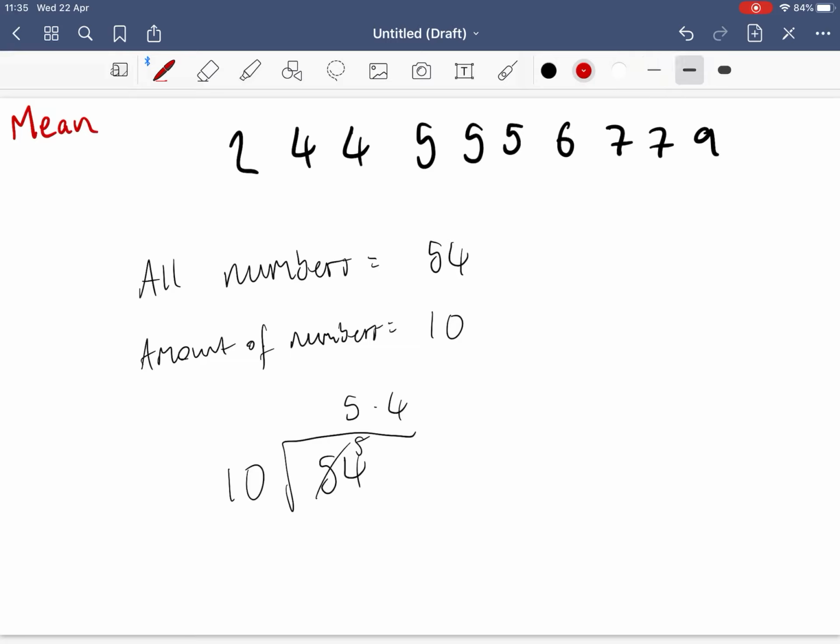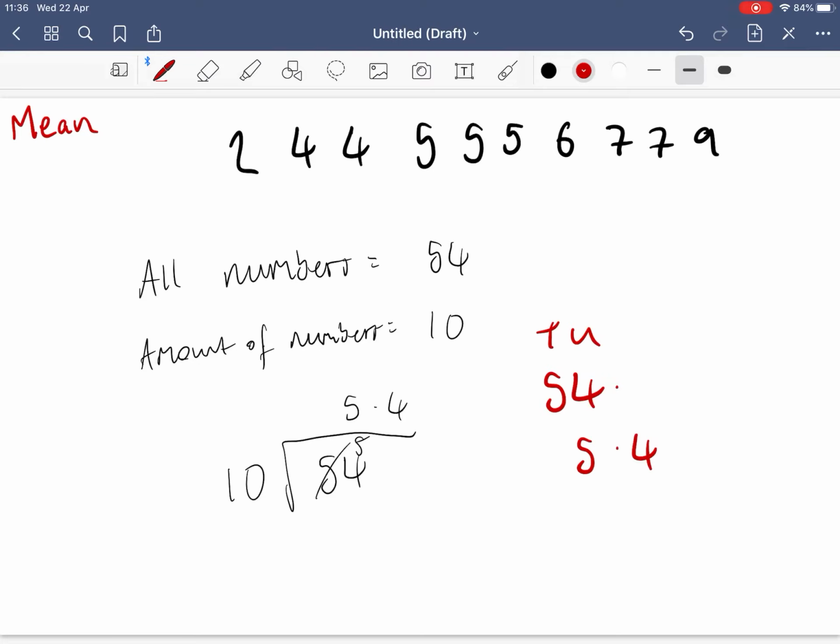All you had to do there was move the place value. When we're dividing by 10, what we need to do with the numbers is move them one place to the right. So that's our tens, that's our units, put our 5 here, decimal place, and our 4. There we go, easy as.